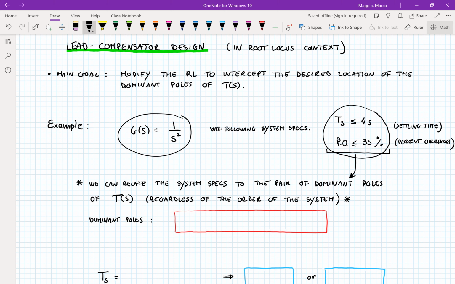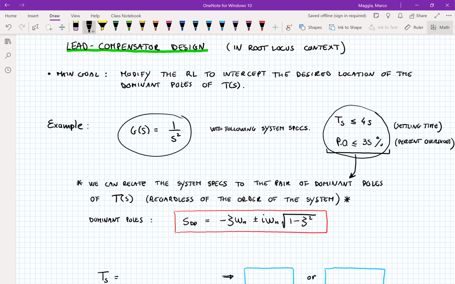So the dominant poles are in general equal to minus zeta omega n plus or minus j omega n times square root of 1 minus zeta squared.